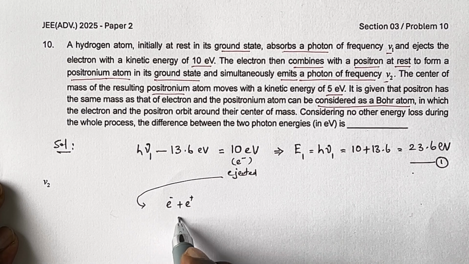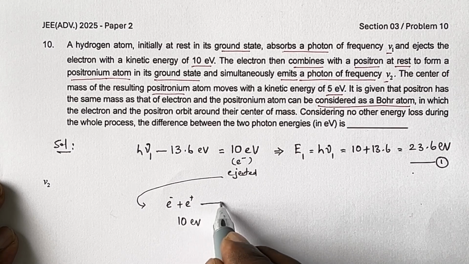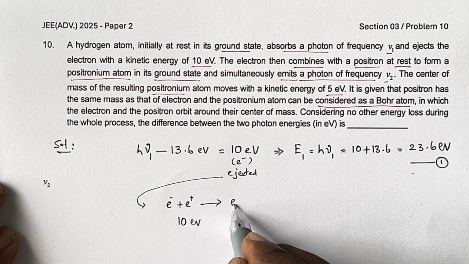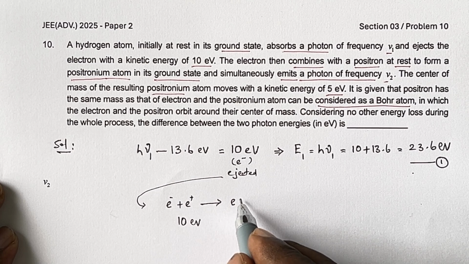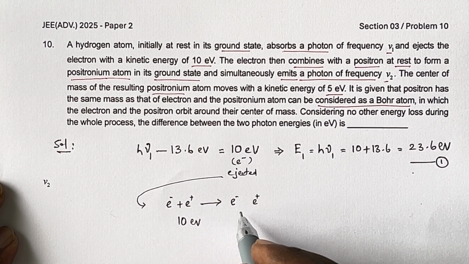Because of this, a positronium atom is formed.